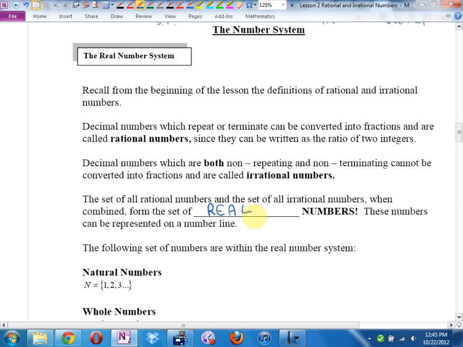And these numbers can be represented on a number line. Why do they call them real numbers? Because, and I kid you not, there are also some numbers that are imaginary. They're called imaginary numbers. I'll talk about them someday when we're bored. But there are actually imaginary numbers that show up in math, and we use them, and they actually solve real-life problems in physics.